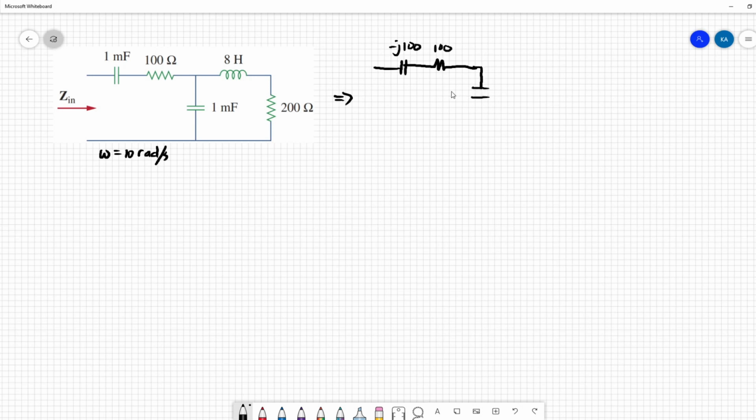Then we have again negative j100. The last branch is j80 in series with 200. Find Zin.